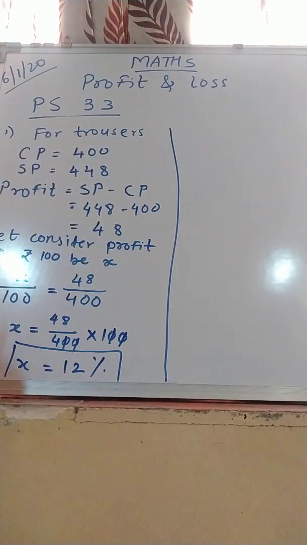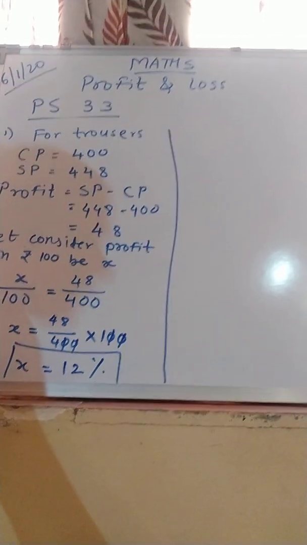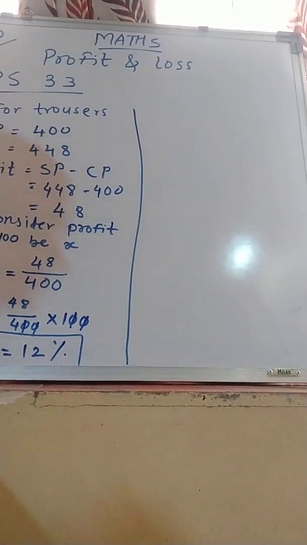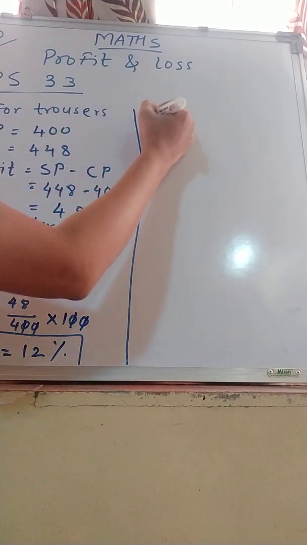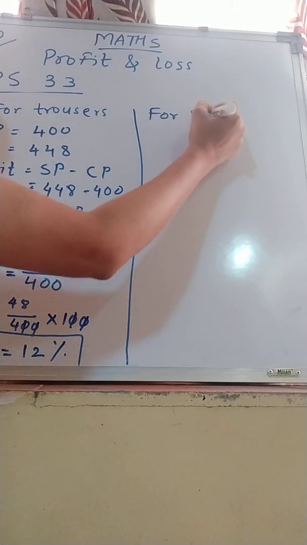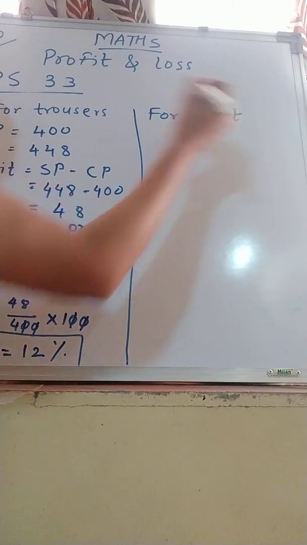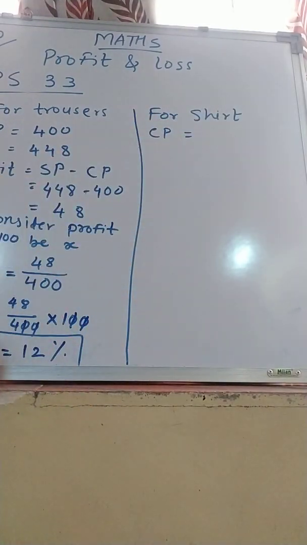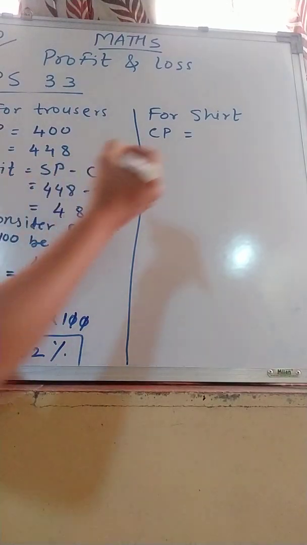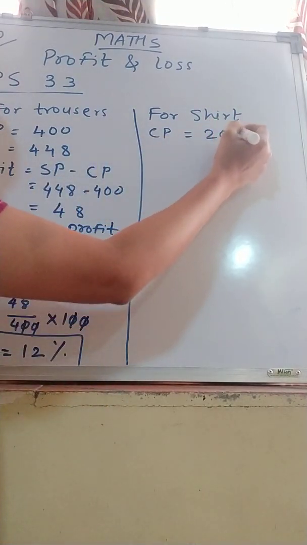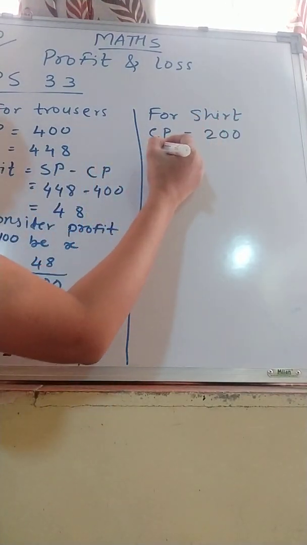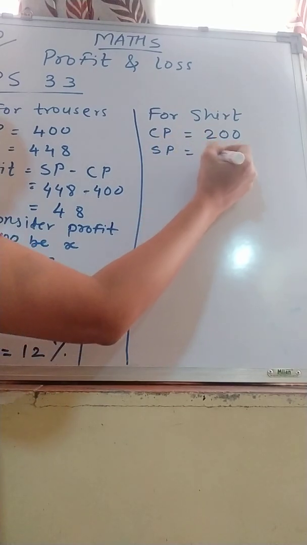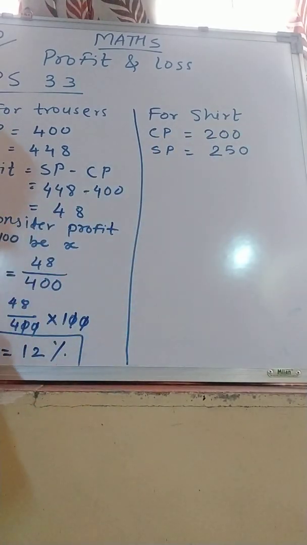Now move to the second transaction of shirt. So for shirt, what is CP? 200 rupees, right? What is SP? 250 rupees.